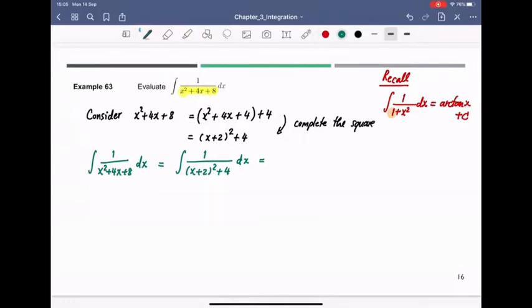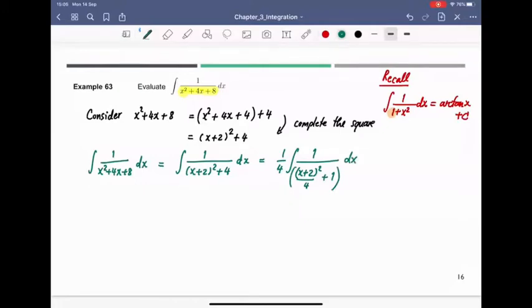Here I have x plus 2 squared over 4 plus 1. So I pull out the number 4 there.